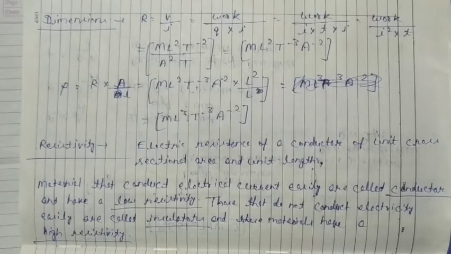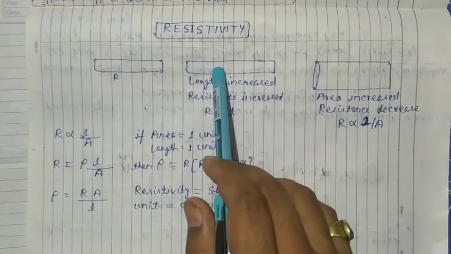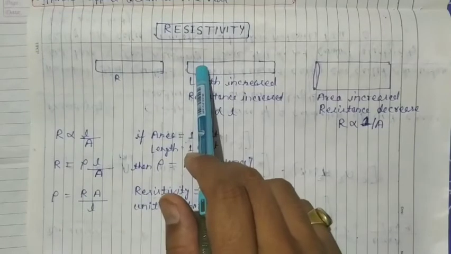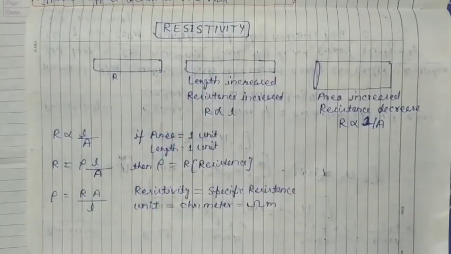Many numericals are asked on these relations. A very simple numerical is that if we stretch a conductor to double its length, like in this, what will be changed in it?